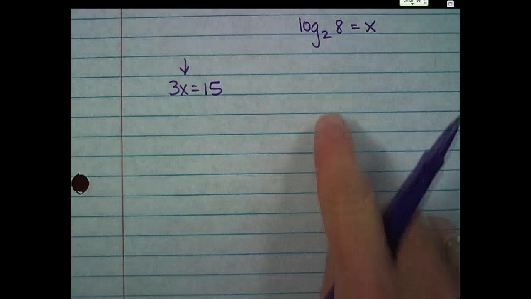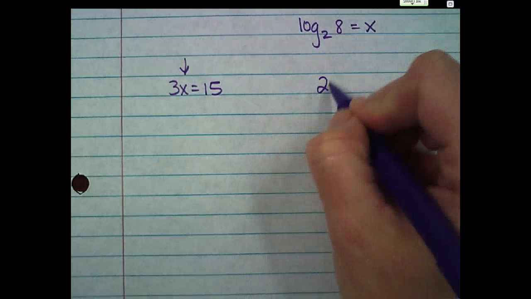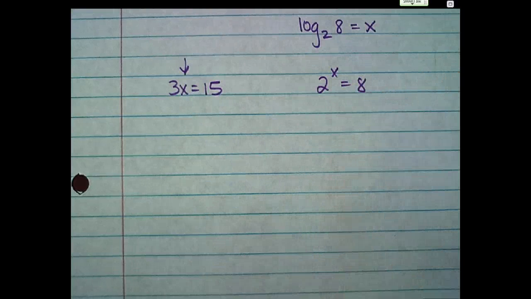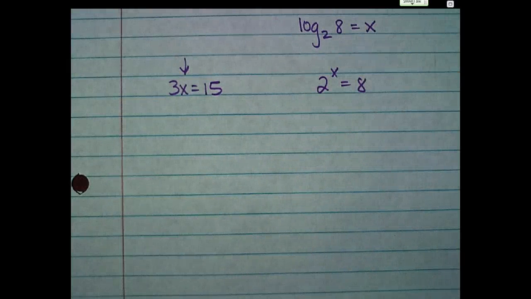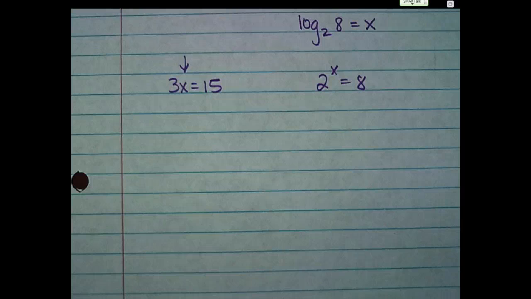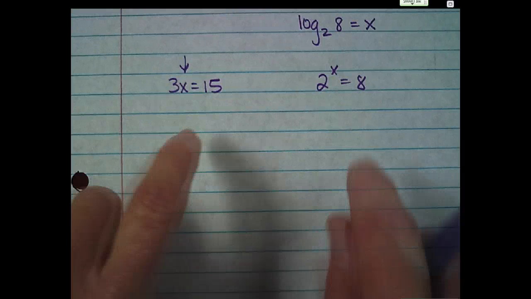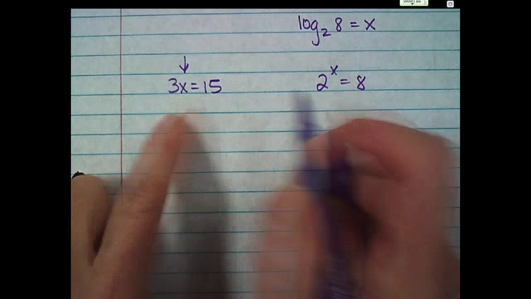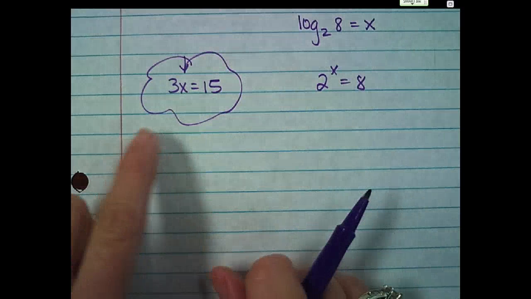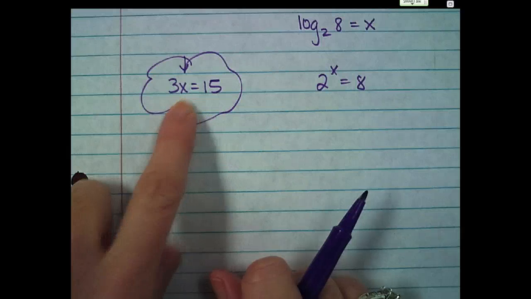Well, it's no different than over here. If I have this and I can't find the answer, and we know it's 3, but if you don't know the answer automatically, we're not as good at saying, oh, not a big deal, just turn it into a log problem, right? Because we haven't studied it as much. But those are the same ideas. It's just that you've seen this so many times. To solve for x, we're just going to divide by 3 and be done.